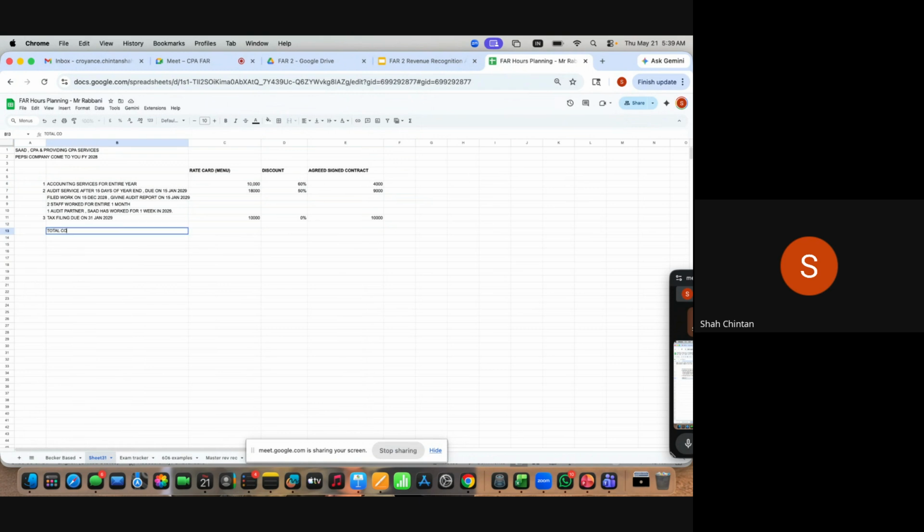So this is your total contract, which is signed and agreed by Pepsi and the CPA firm. Now let's put when you are going to invoice them. You are going to invoice everything on 31st January 2029.